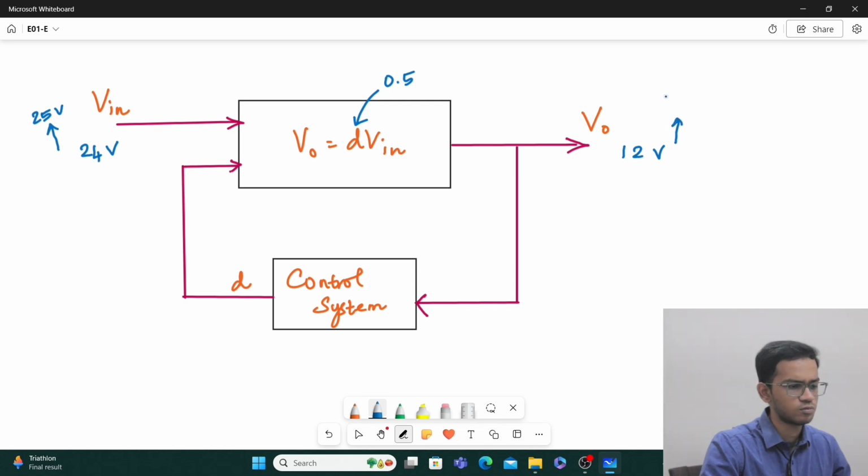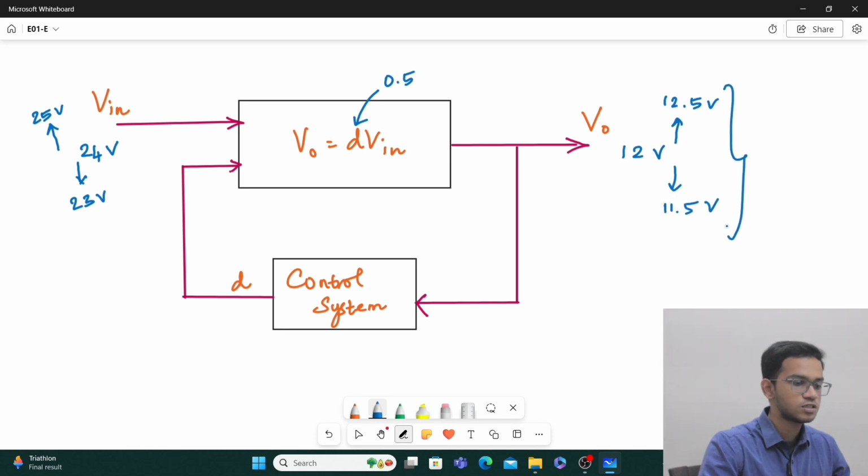It will probably go to maybe 12.5. On the other hand, if the input voltage falls below 24 volt, maybe to 23 volt, then the output voltage also falls, maybe to 11.5 volt.